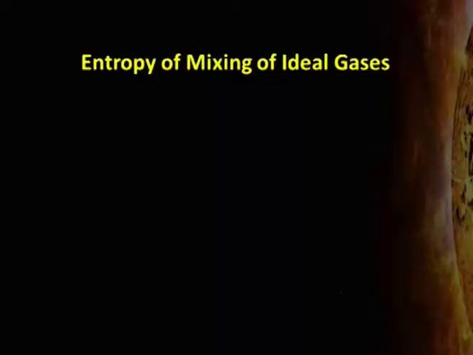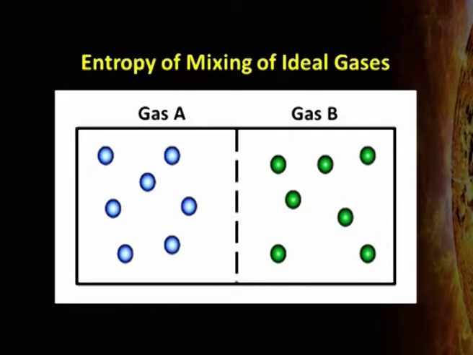Now we will calculate the change in entropy of mixing of two ideal gases. For this, let us consider a system containing two ideal gases A and B separated by a partition. Here, gas A contains the number of moles equal to Na, and gas B contains the number of moles equal to Nb.